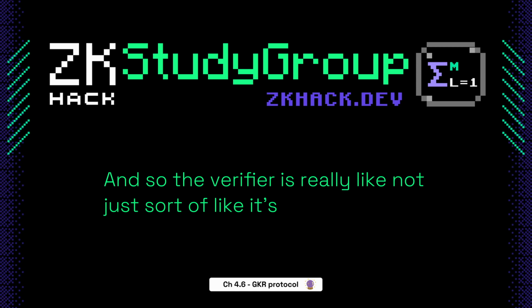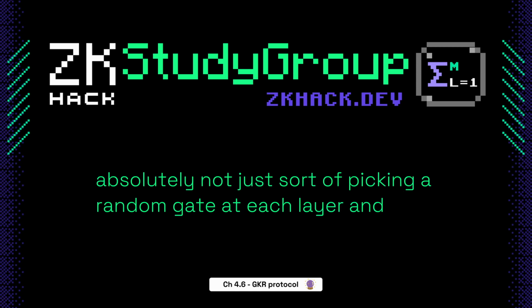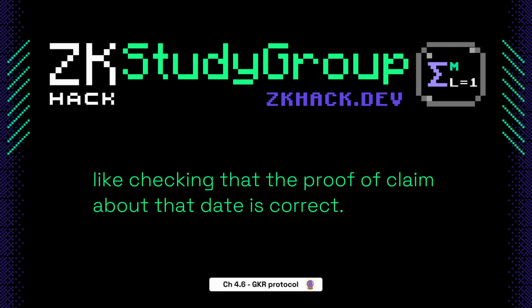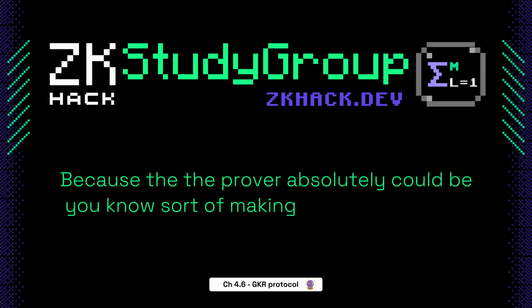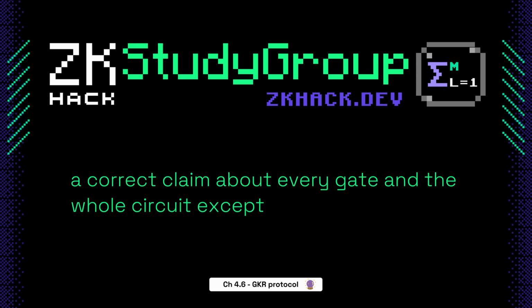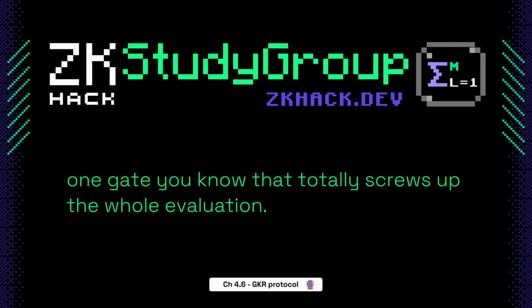And so the verifier is absolutely not just picking a random gate at each layer and checking that the prover's claim about that gate is correct. That would not work, right? Because the prover absolutely could be making a correct claim about every gate in the whole circuit except one gate that totally screws up the whole evaluation.